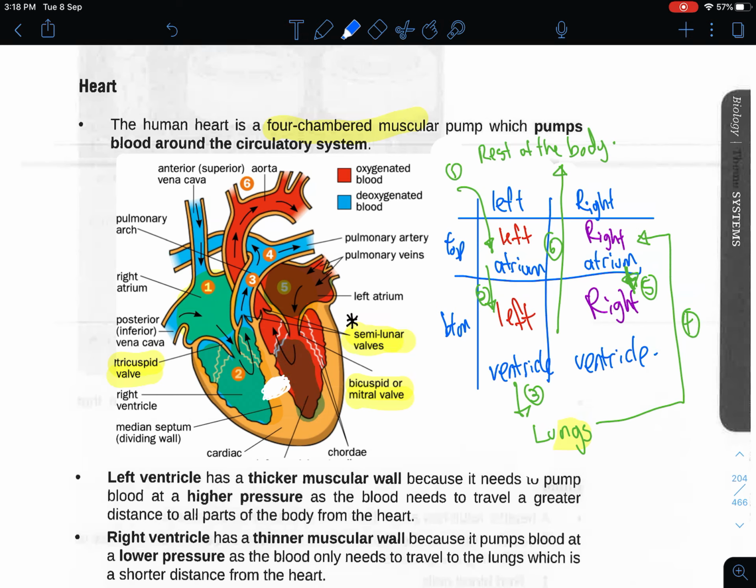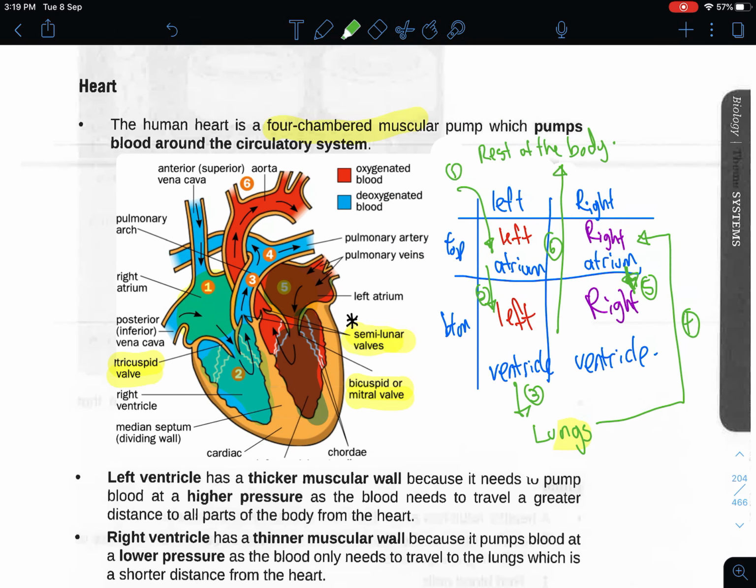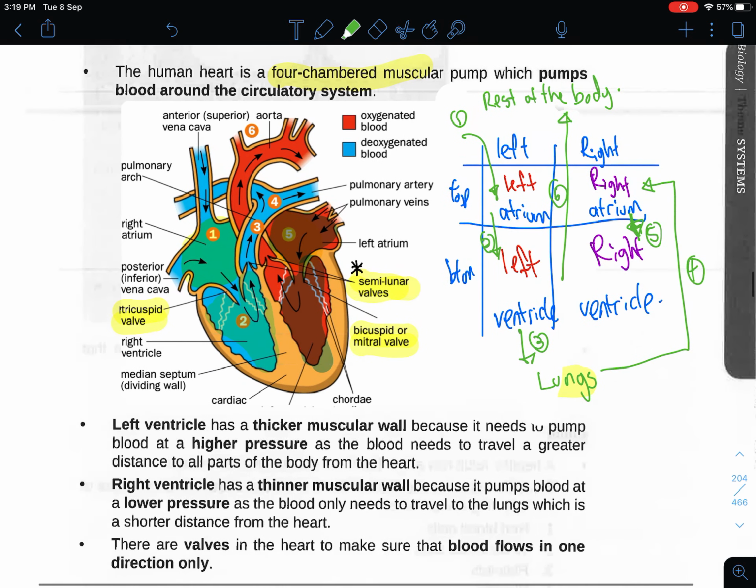Okay, and this is the right atrium, and later you move to this area here, and last but not least, it will then move into the aorta, which is number 6. Okay, so generally this is how it is.